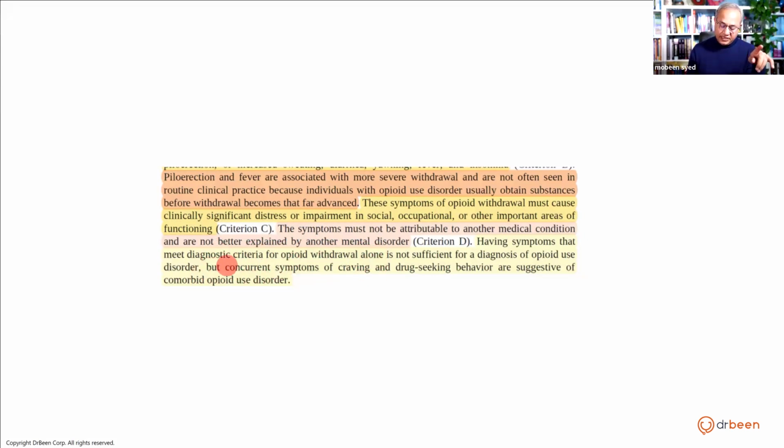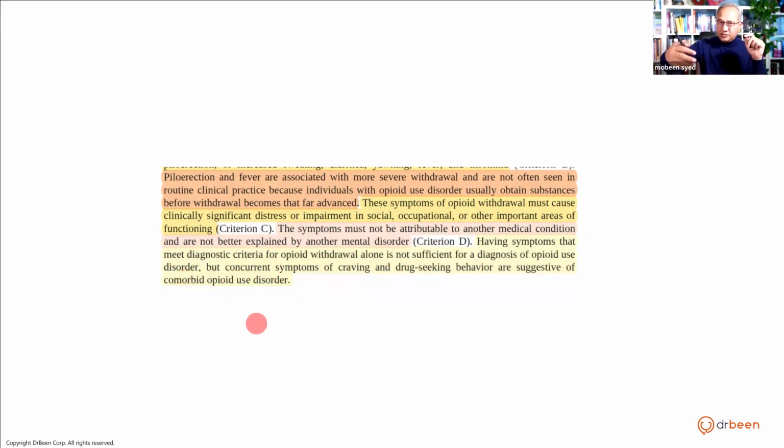Having symptoms that meet diagnostic criteria for opioid withdrawal alone is not sufficient for a diagnosis of opioid use disorder, but concurrent symptoms of craving and drug-seeking behavior are suggestive of comorbid opioid use disorder. This is very important. Having symptoms that meet diagnostic criteria for opioid withdrawal alone is not sufficient for a diagnosis of opioid use disorder.